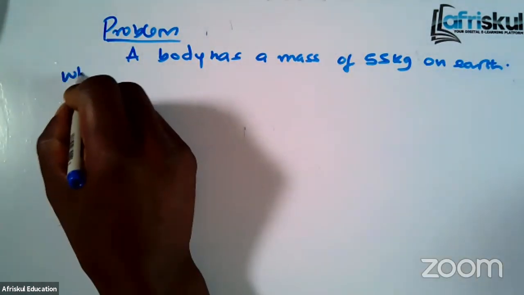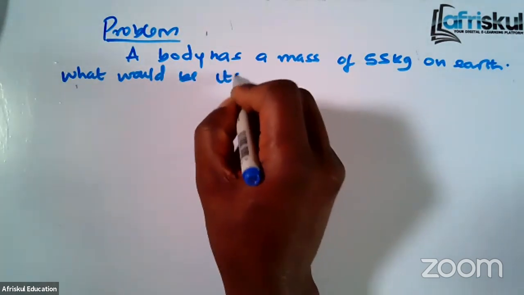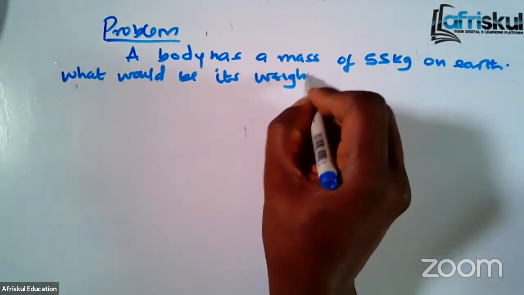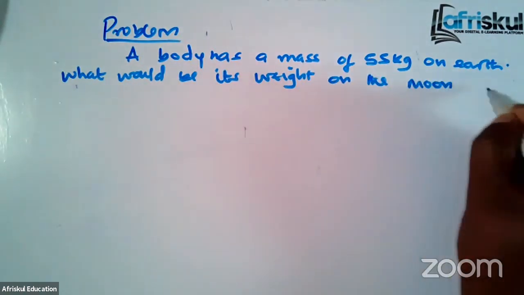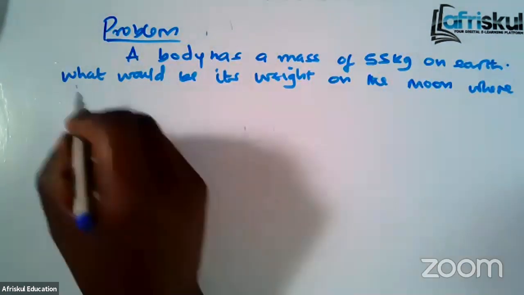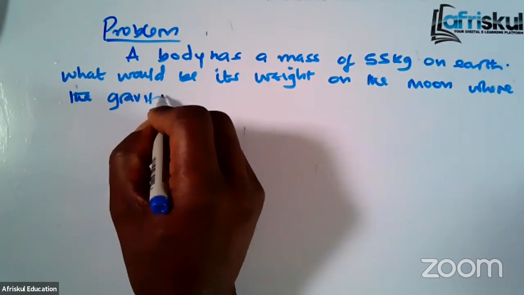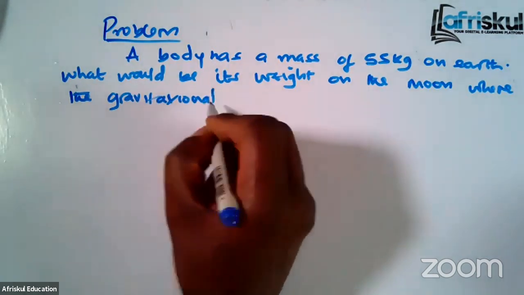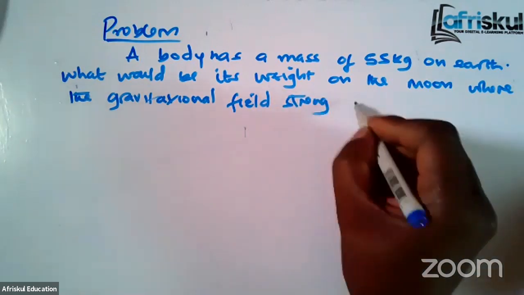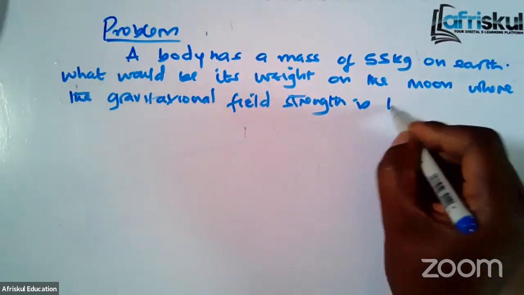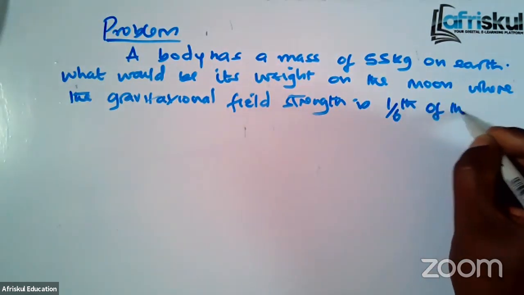What would be its weight on the moon, where the gravitational constant or gravitational field strength is 1/6 of the Earth.